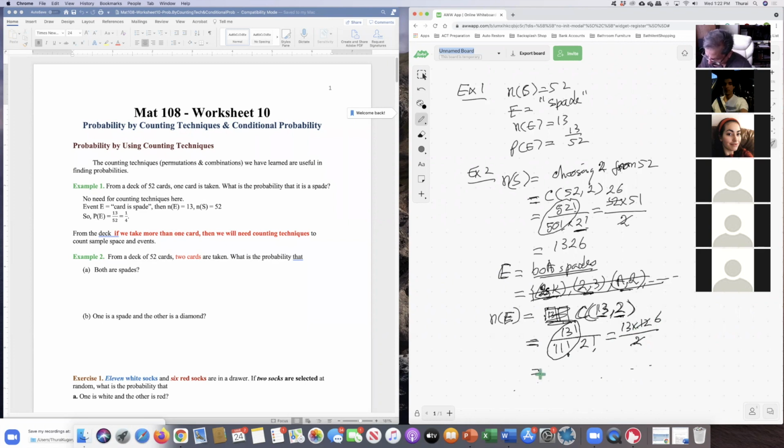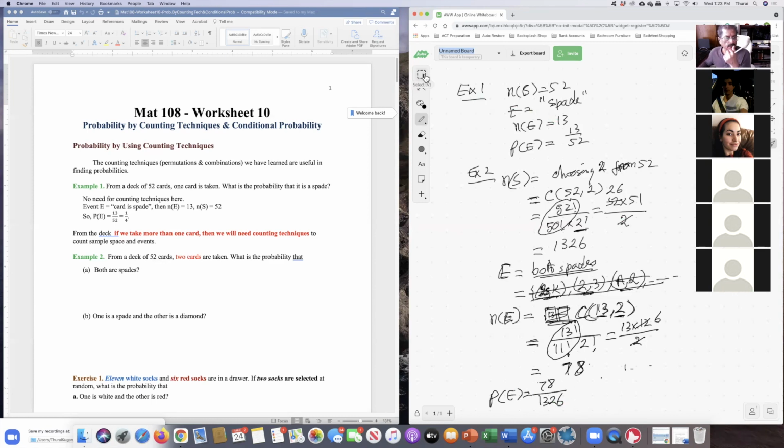So 13 times 6 will be your answer, 78. Yeah, you have the right number. Very good. So therefore, the probability for that event is 78 divided by 1326. That's our probability. So as you can see, you need to use the counting techniques we learned before.